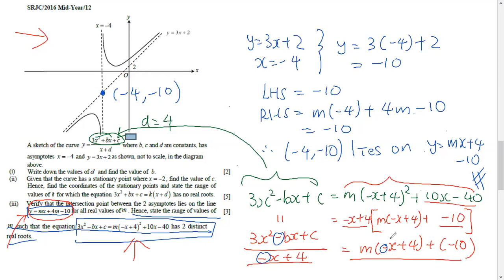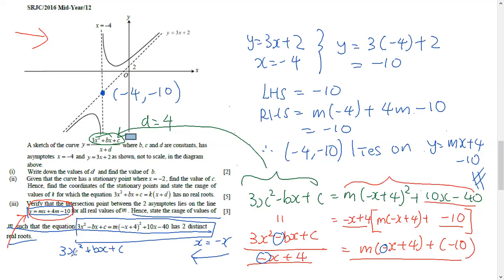Based on my graphing techniques, we know that we can actually make a substitution to change the entire equation. The substitution that we're going to make here is simply x equals minus x. It will not affect my 3x squared, because squaring minus x makes the minus disappear, but it will change my minus bx to bx.